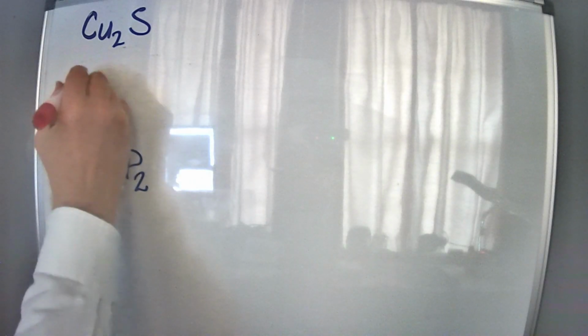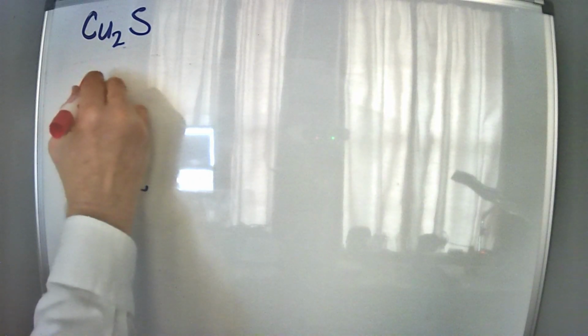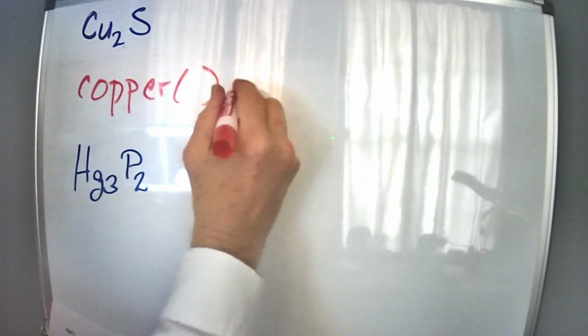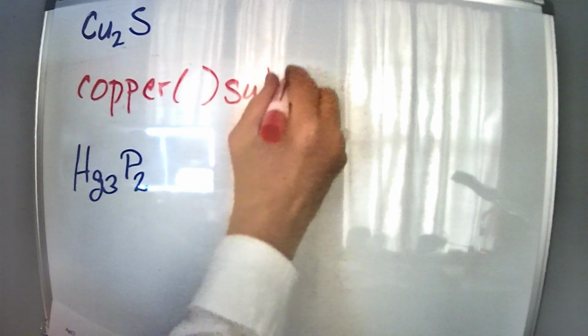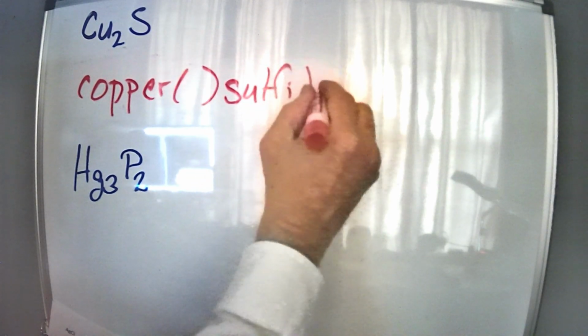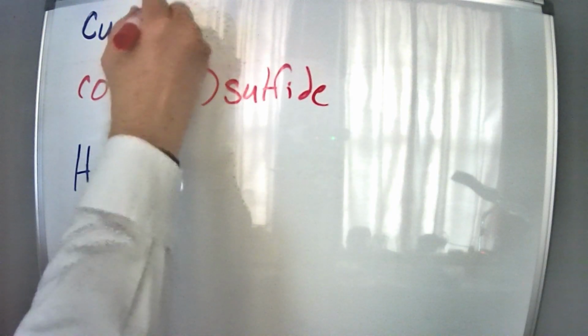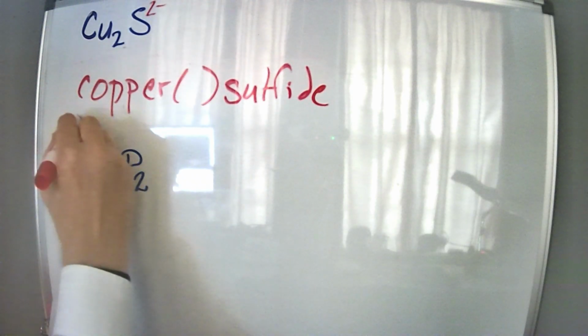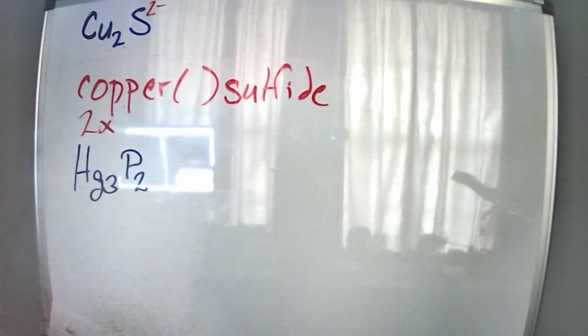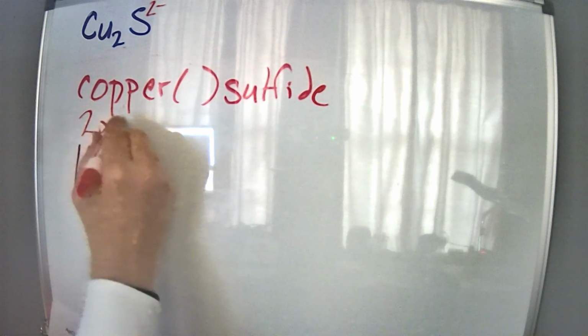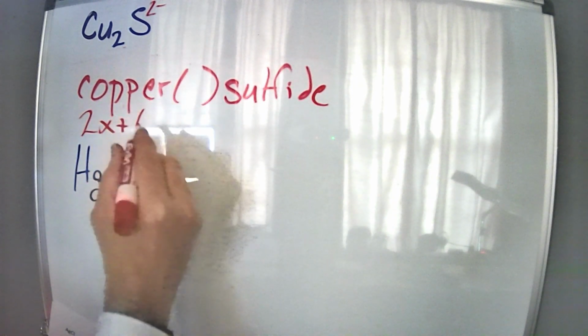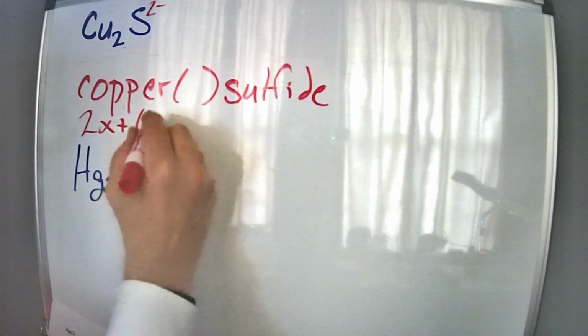Okay, our next one here is another one that has multiple ions. So we'll come back to the charge in a second. So this is copper. S is the sulfide ion. Copper we don't know. Sulfide is a 2-. So we have 2 copper ions that we don't know the charge on. I'm going to add that to the sulfide ion, which was a -2.